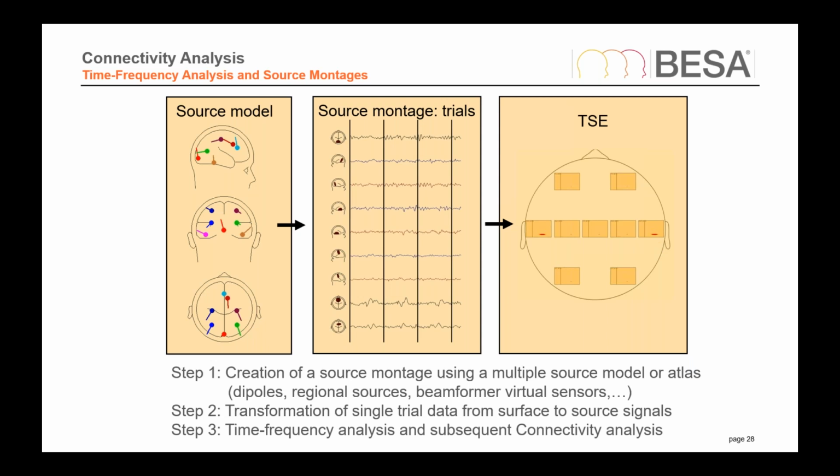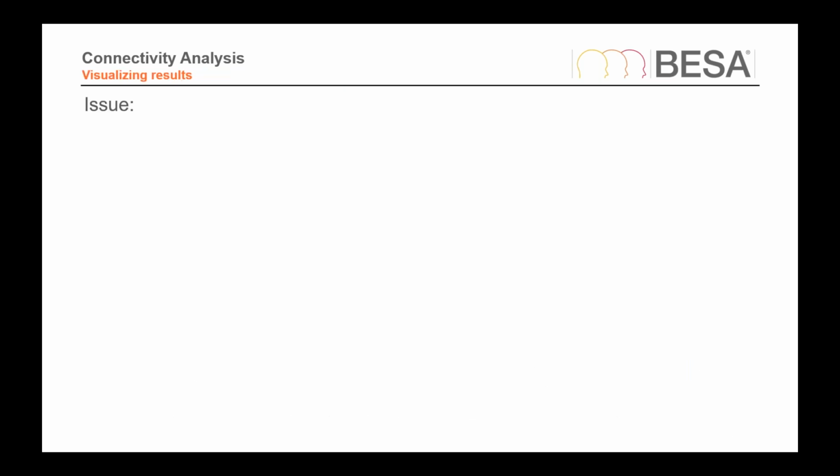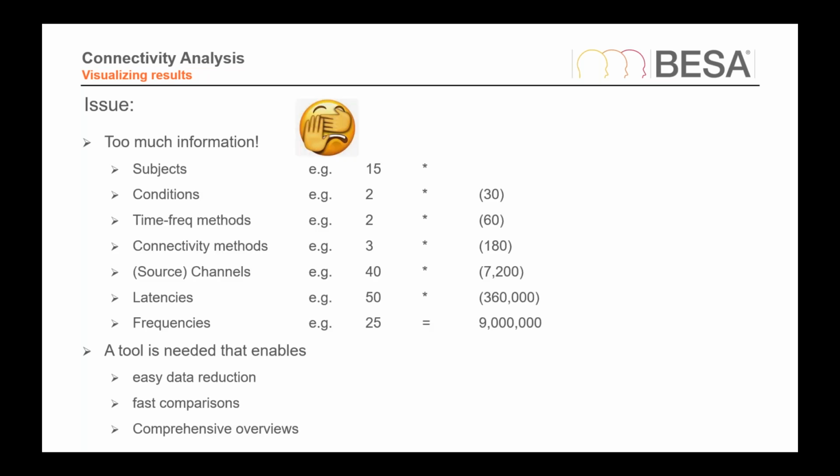Okay, so that was quite a bit of theory bombarded at you. One more thing is that we have a complete pipeline now, but an issue is that we maybe have too much information. So let's assume we have 15 subjects.